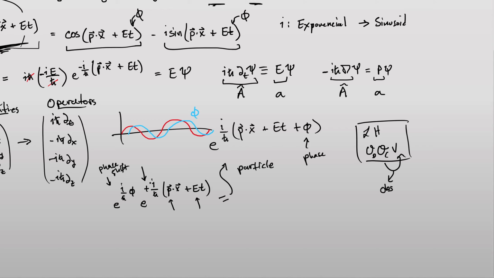And this right here is going to tell us that when we perform an operator, depending on what this is, we're going to get some particles that have negative energy and positive energy.